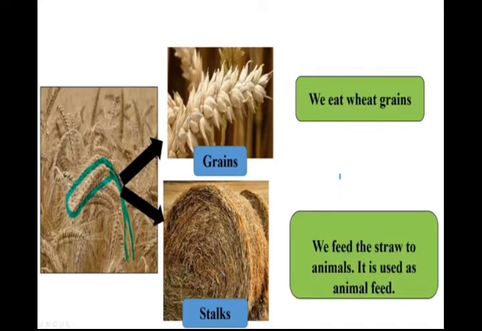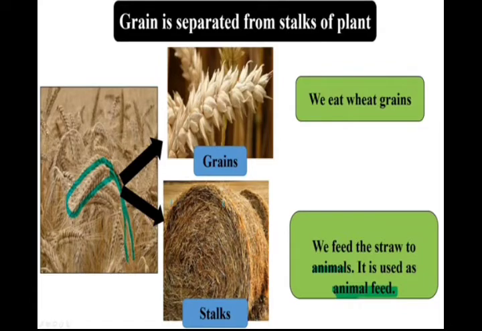And stalks, the straw, we mainly feed to animals. It is used as animal feed. Both are essential. So which method of separation is possible here? As a student, you have to know. Grain is separated from the stalk of the plant. It is a very, very essential separation.